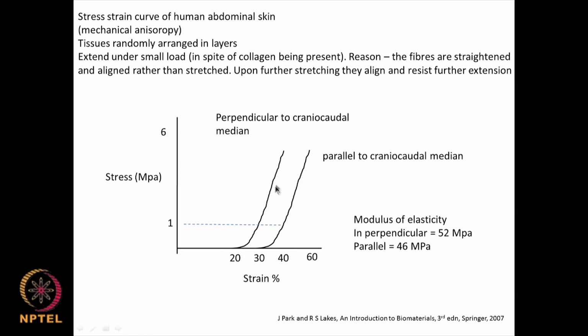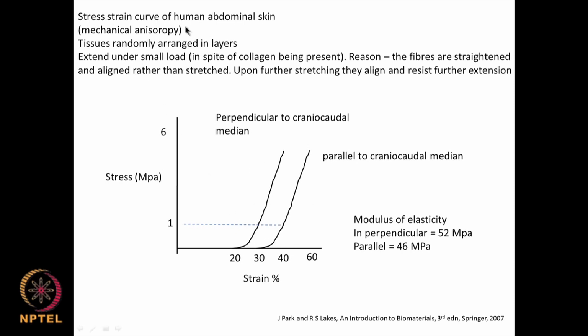As you can see here, the stress strain diagrams are two different. If you apply a stress of 1 megapascal, it may have around 25 or 26% strain perpendicular to the craniocaudal, and if the stress is applied parallel, then you may have almost 40% strain. So, both are very different.